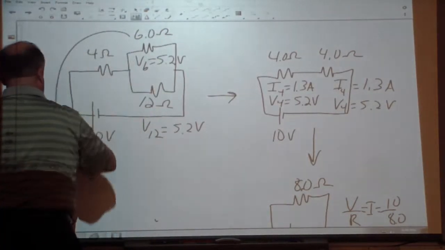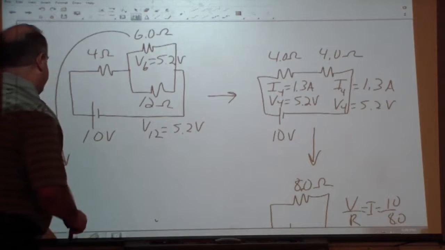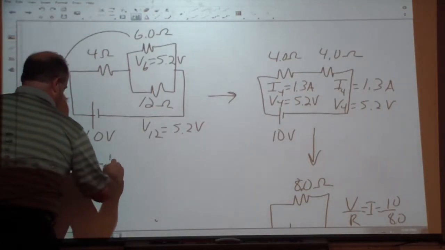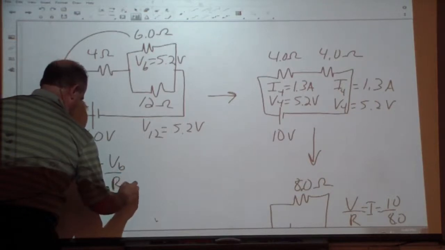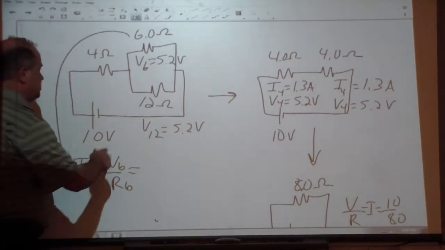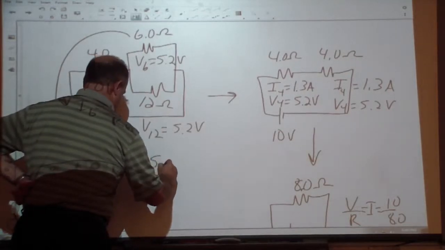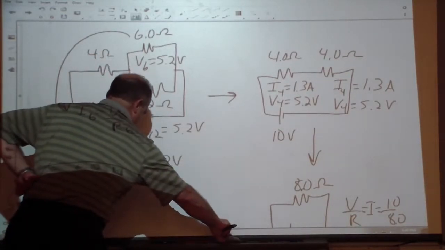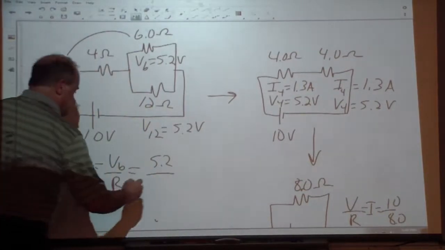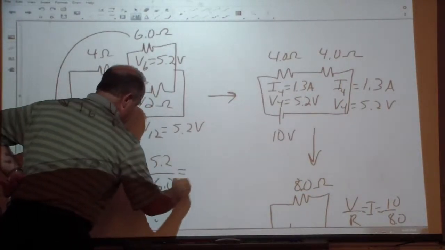Let's do this one. We're going to do the current in 6 equals V6 divided by R6, right? I'm going shortcuts because you should know what you're doing on this stuff. You've been doing it ad nauseum. All right, so it's going to be 5.2 volts, and let's not put the amps in there yet, divided by 6 ohms.